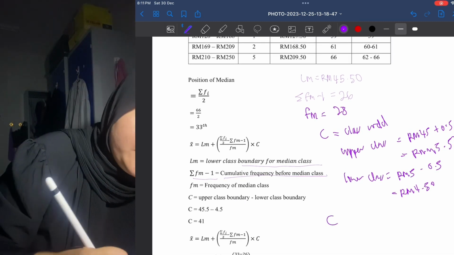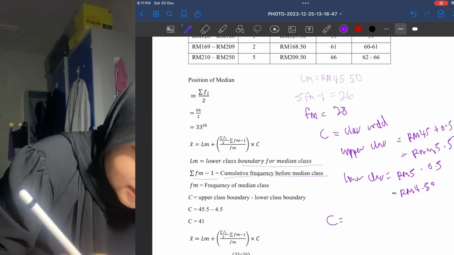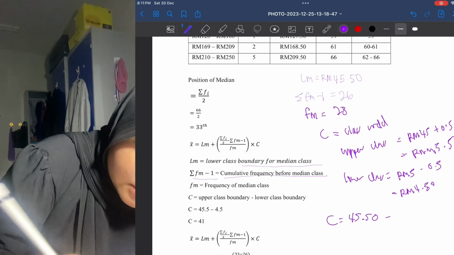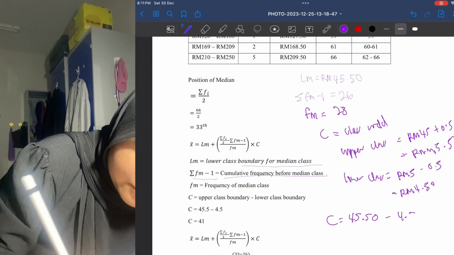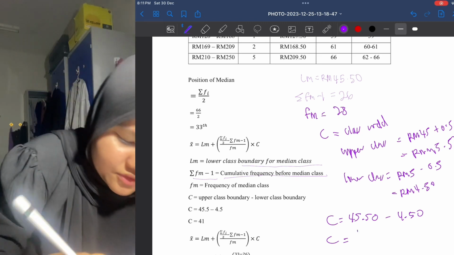So to find C, you take the upper boundary RM45.50 minus the lower boundary RM4.50, and you get C is 41.